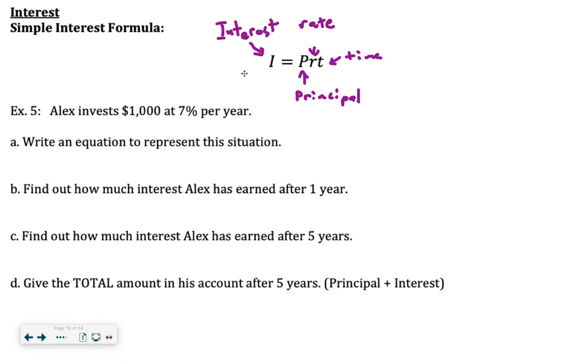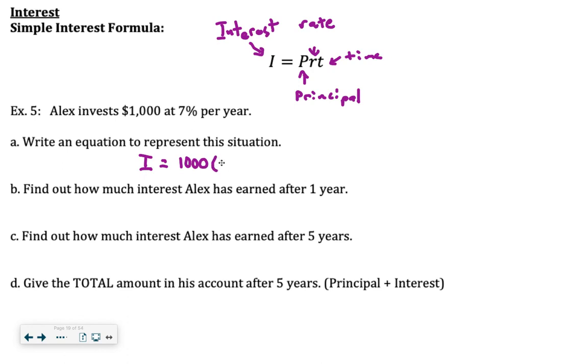Okay, so let's take a look at a simple example here. Let's say Alex invests $1,000 at 7% per year. So to write this information in our equation, we're going to say I, the interest, is equal to the principal amount, which would be 1,000 in this case, times the rate. Now we want to write the rate as a decimal.